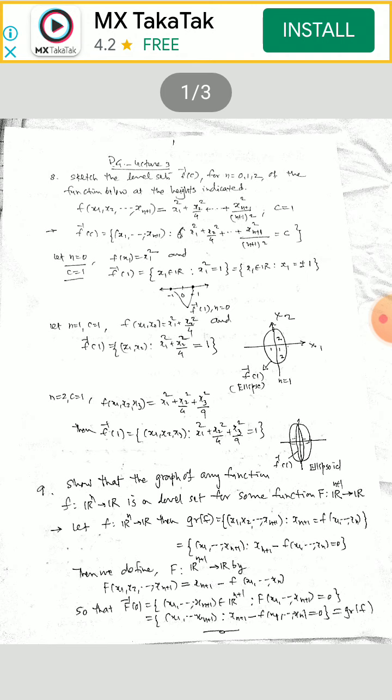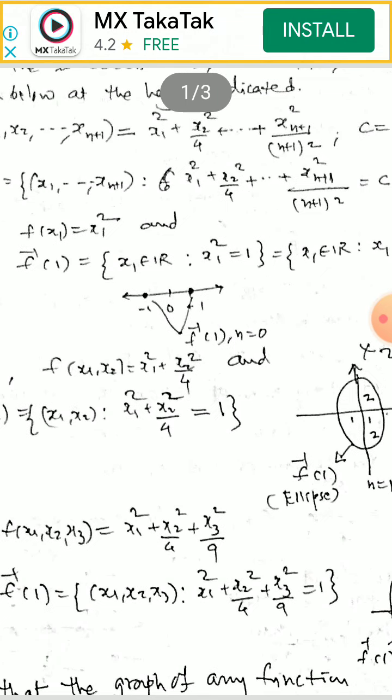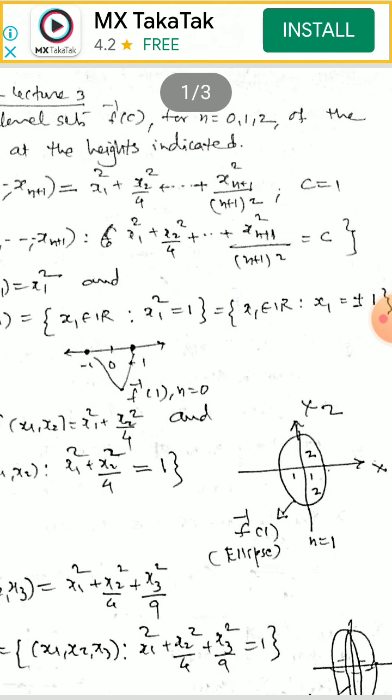The function is given to be f of x1, x2, ..., xn plus 1 is equal to x1 square plus x2 square upon 4 plus ... plus xn plus 1 square upon n plus 1 square. And he has asked you to take the level set at the height c is equal to 1. So we want to find f inverse c, that is f inverse 1.